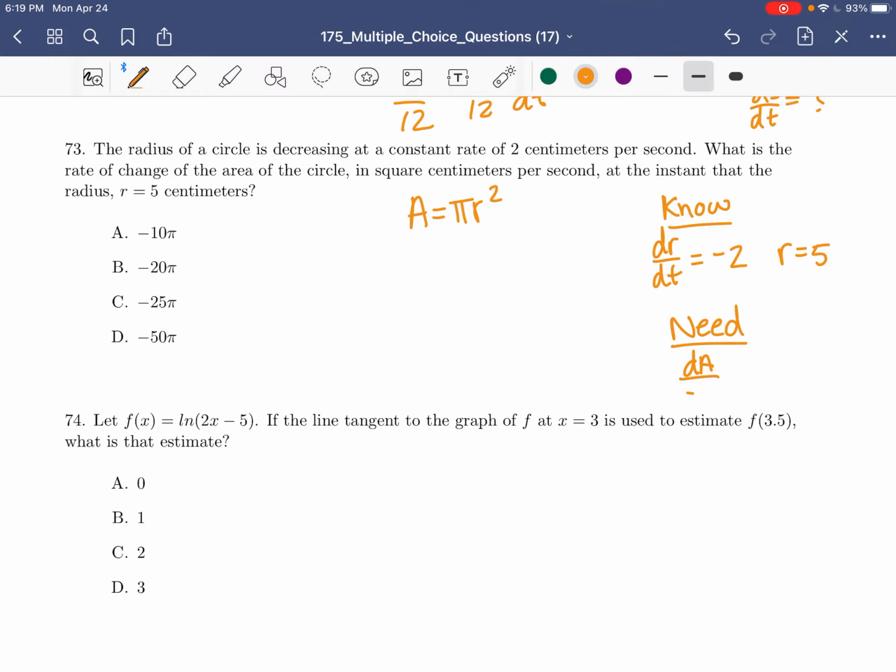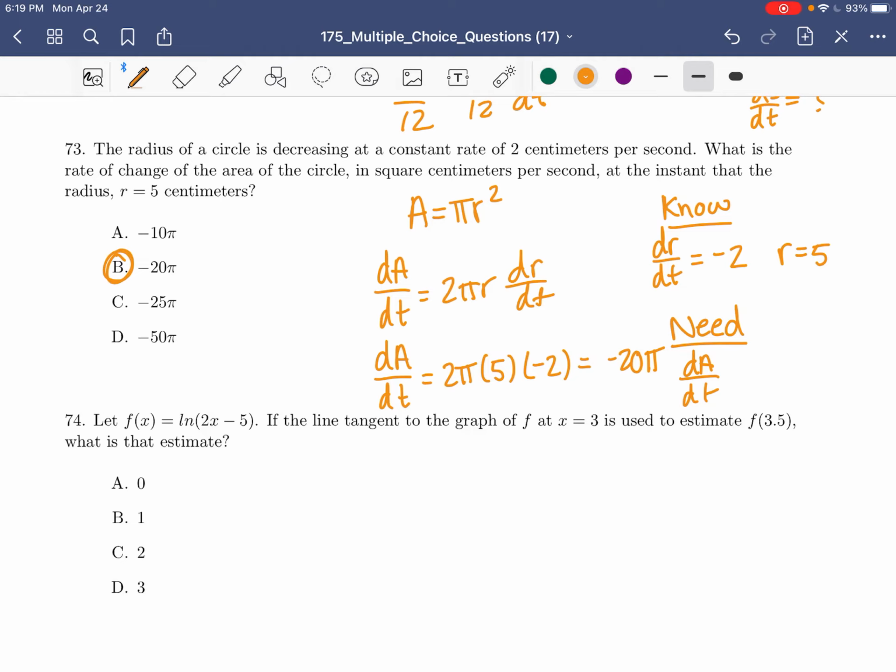And I'm looking for dA/dt. So I take the derivative, I get dA/dt equals 2 pi r dr/dt. Then I just plug everything in, so dA/dt equals 2 pi times 5 times -2. And if you simplify that, you should get -20 pi, or B.